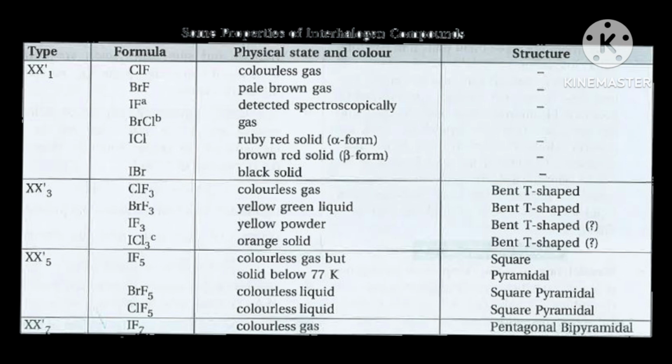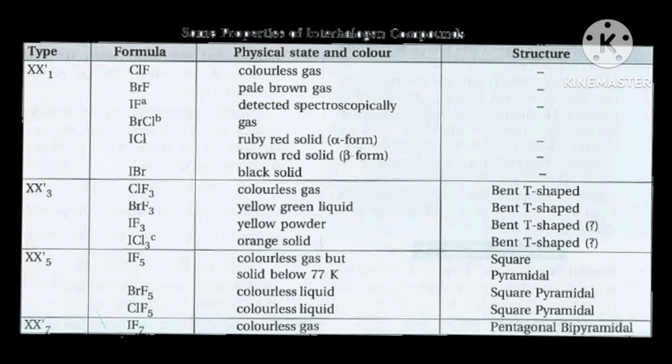Then these are actually anions derived from the larger halogen. Hypohalite from X', halite from X'3, halate from X'5, and perhalate from X'7. These are anions derived from the larger halogen.